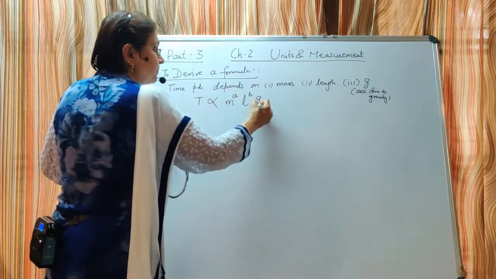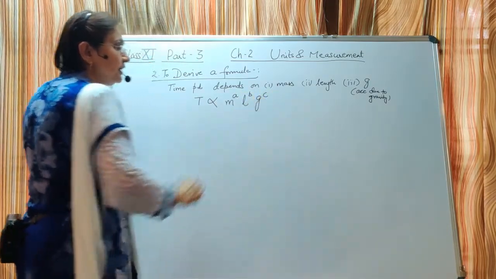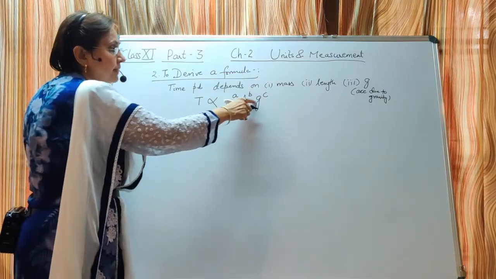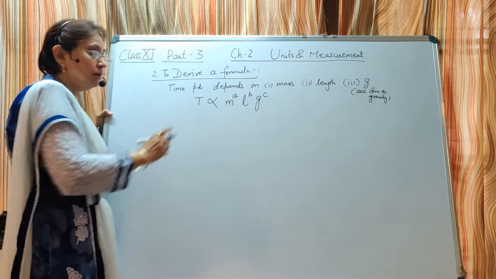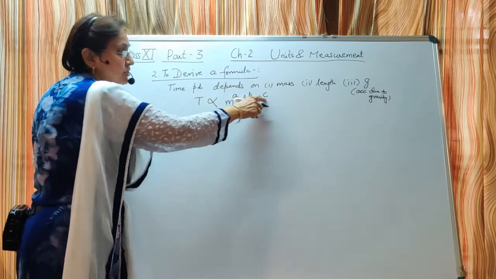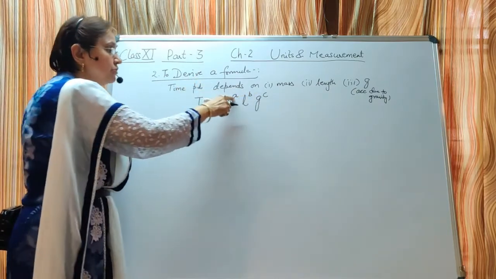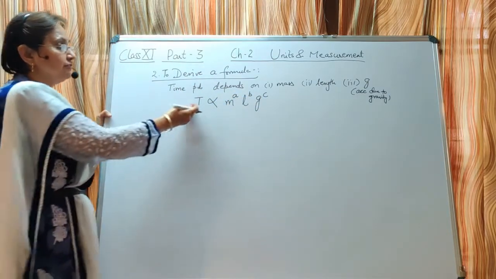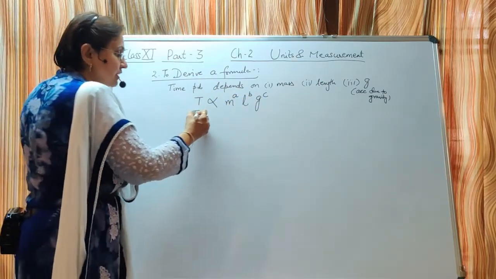And it also depends upon acceleration due to gravity, whose power is c. So the time period of a simple pendulum depends upon these three terms, the powers of which are not known. If we are able to find the powers, then we can derive the formula of this time period.